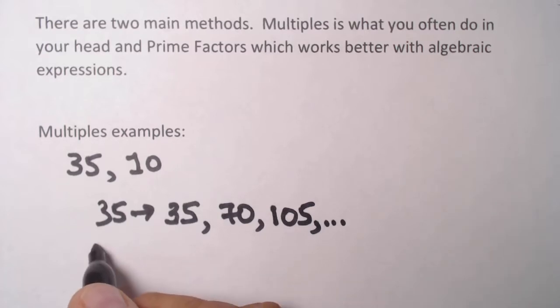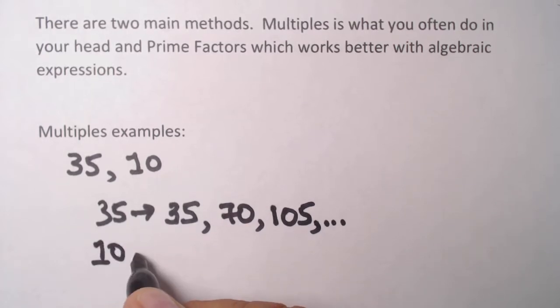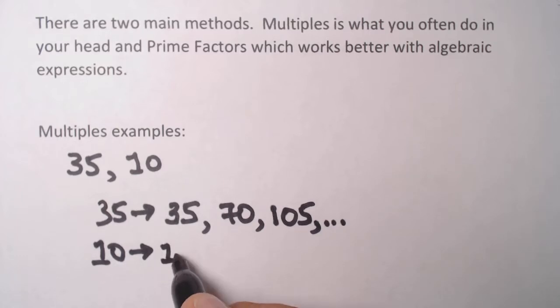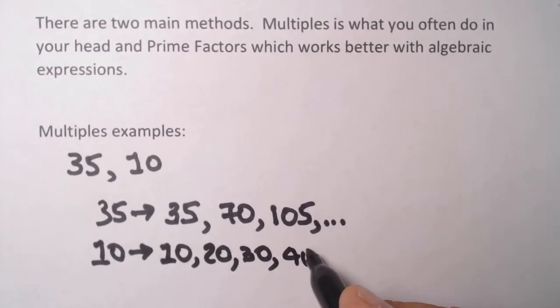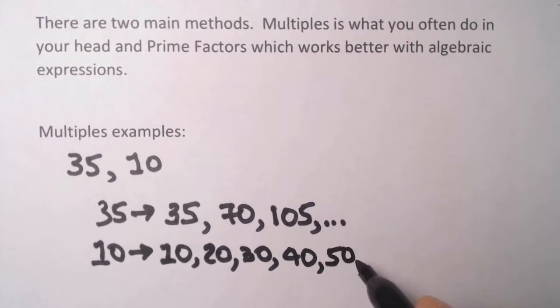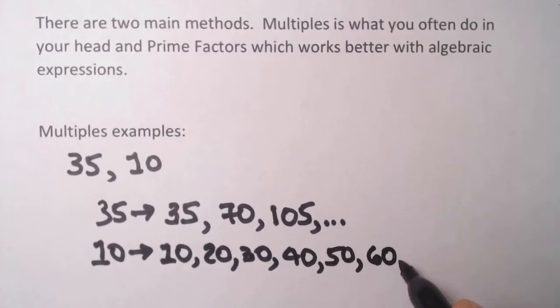Well, the same thing with the 10 here. The first multiple of 10 is, of course, 10. Add 10 to that, you get 20. Next multiple, add 10 more, you got 30. And then 40, and then 50, and then 60, and then 70. And of course, you could continue on there.